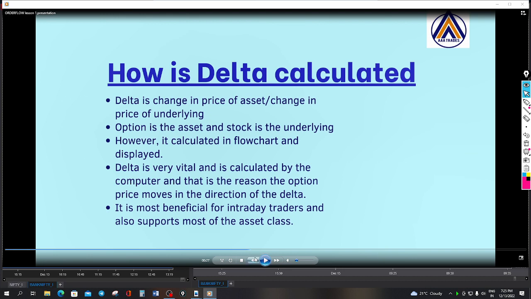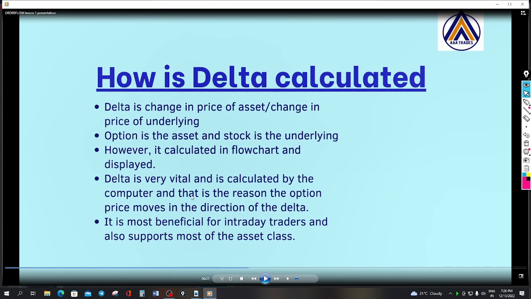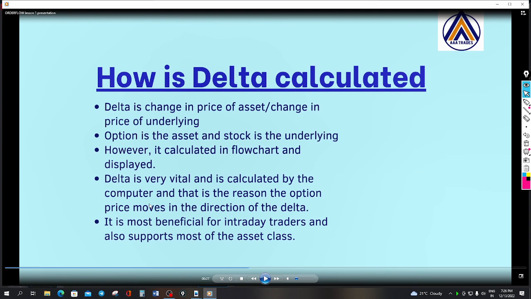However, it is calculated in the flow chart and displayed. Delta is very vital and is calculated by the computer. That is the reason the option price moves in the direction of the delta. If the delta is moving in the positive direction, the option price also moves in that direction.